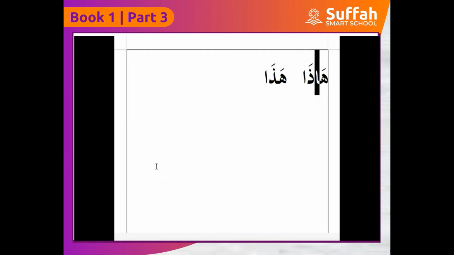Correct. Very good. Now, Hada is a demonstrative pronoun in Arabic. There are demonstrative pronouns in English as well. In English, you have this, that, these, those. These are the 4 demonstrative pronouns in English.